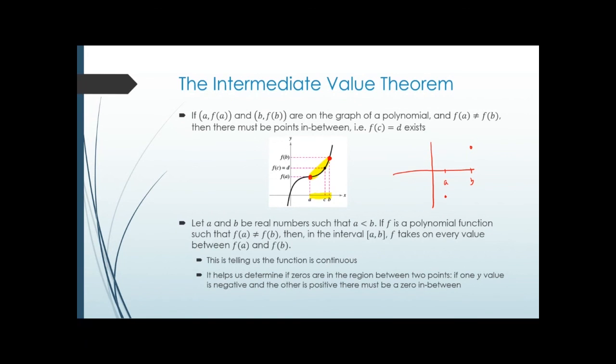Well, the intermediate value theorem says that these must be connected in some way. And the only way to possibly connect something that's negative and positive means you have to go through zero. So the intermediate value theorem says there has to be a zero in between there, because otherwise there's no other way to connect them. So that's like a corollary of the intermediate value theorem and related to zeros.